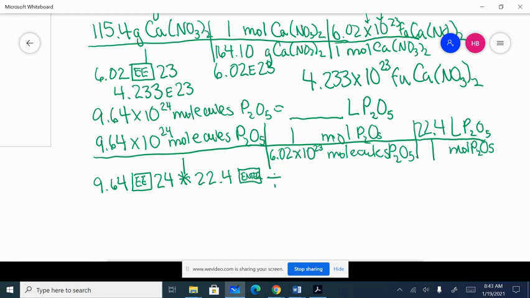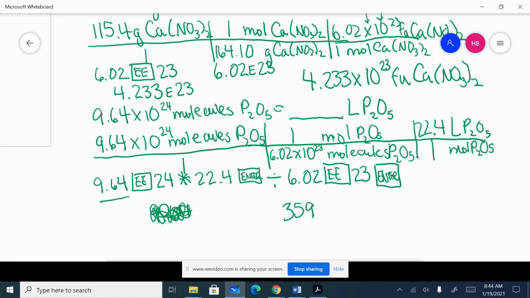And then you're going to hit divided by 6.02 EE23, and then press enter again. Your calculator is going to give you lots and lots of digits, but we're going to round to 3 digits here. So our answer will be rounded to 359 liters.